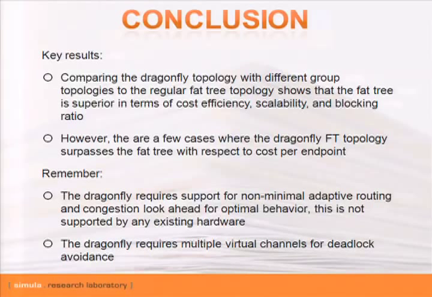And furthermore, multiple virtual channels would be needed in order to avoid deadlocks here. So I think it's a fairly clear message. You can just continue with your fat trees.